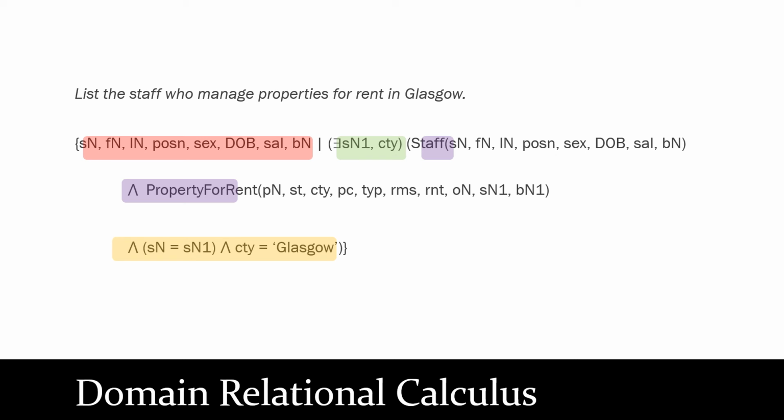And then we put the operation AND to concatenate this relation and that relation. And then for the last condition, we need to specify which key can connect those two relations. So for example, in this example, SN equals SN1 and city equals Glasgow.